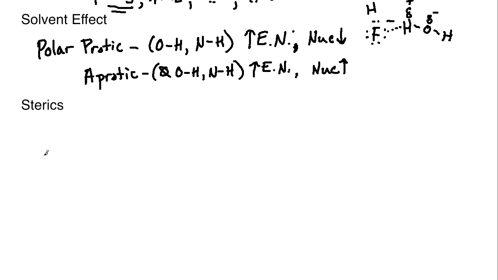Now, for sterics, this is the last consideration. As we start to pile up steric hindrance, I'm going to use charged ones in this example. Let's say hydroxide, and then let's say we have a methoxide ion, so a CH3, right? As you start to pile up these steric considerations, you're going to hinder the nucleophile in its ability to approach.